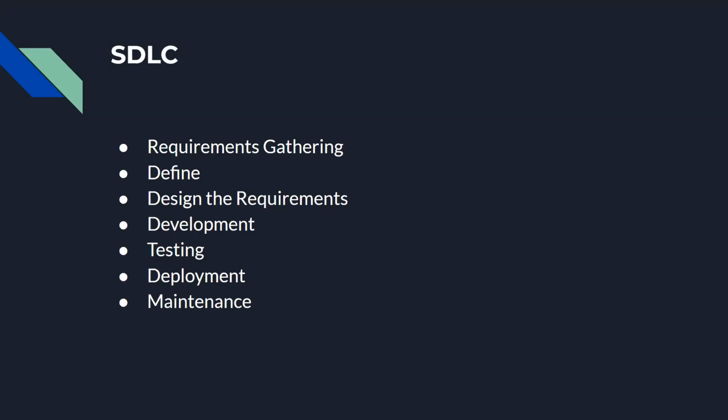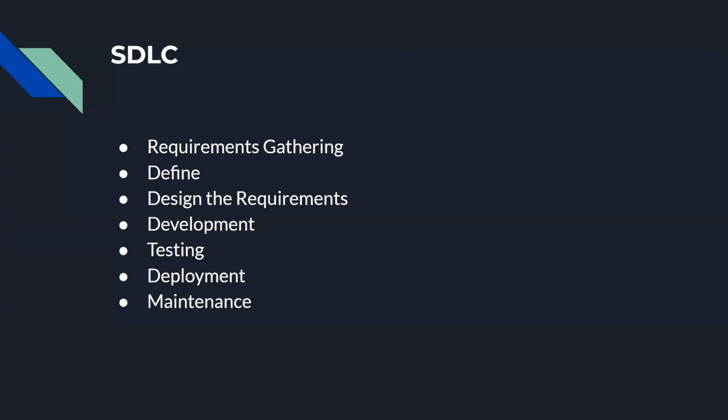Then you have to gather the requirements from me. Doing the development first is not at all important. First you should understand my business and what my requirements are, and then you have to define those requirements, what you understood from me. And then later you have to design the requirements. Designing is nothing but technically converting the business requirements into technical requirements.